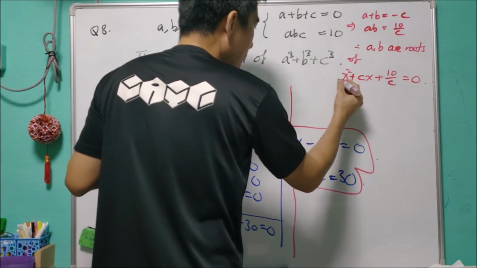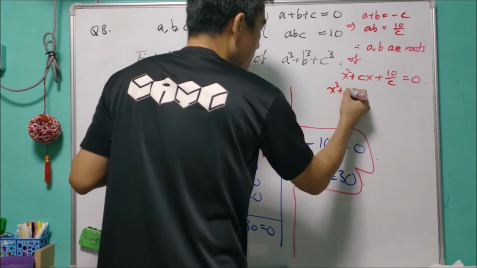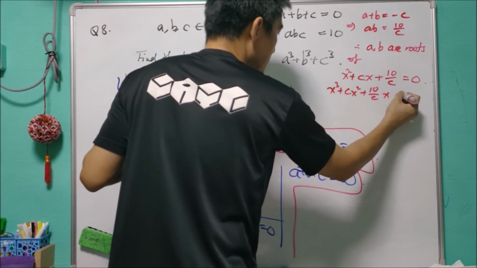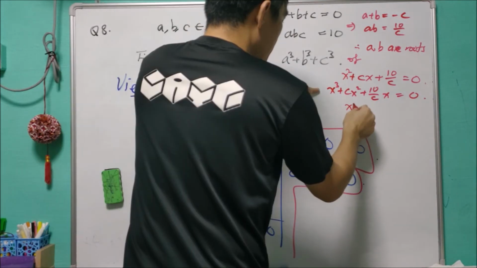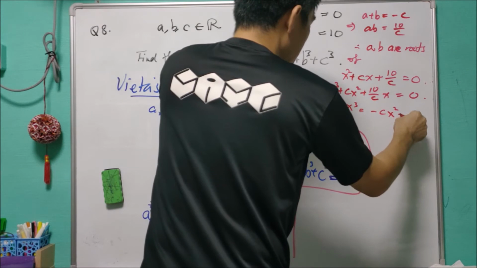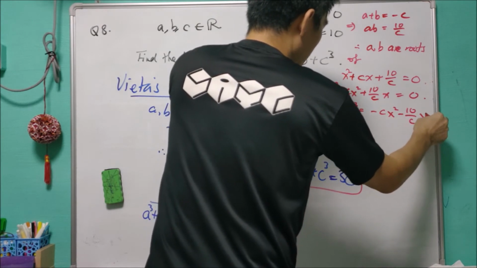Multiply everything by x: x cubed plus Cx squared plus 10 over C x equals 0. So x cubed equals negative Cx squared minus 10 over C x.